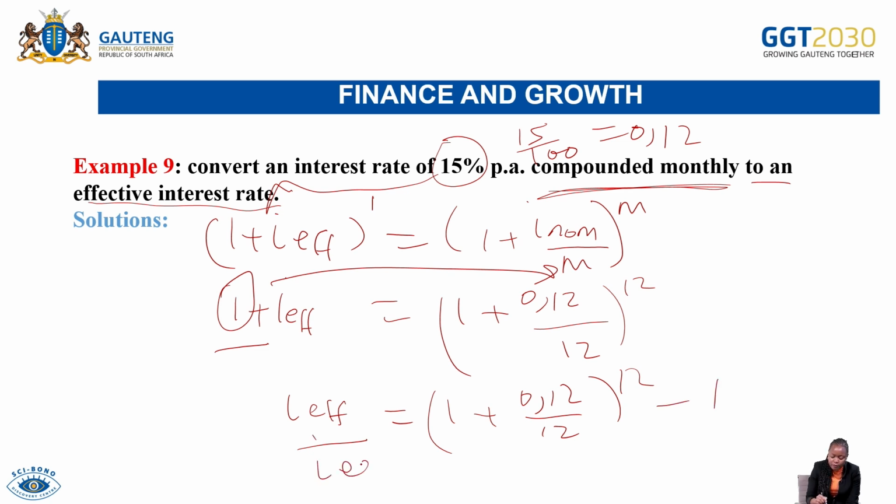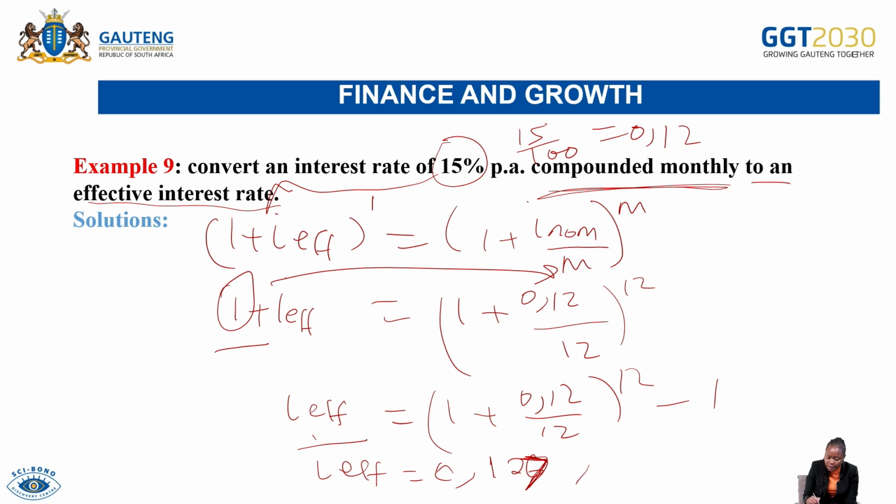So i effective is 1 plus 0.15 divided by 12, close the bracket, exponent 12, then minus 1. You'll get 0.1608.